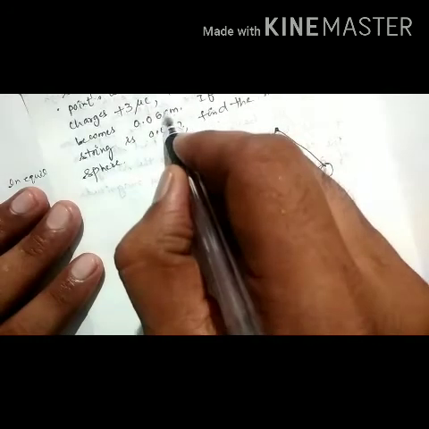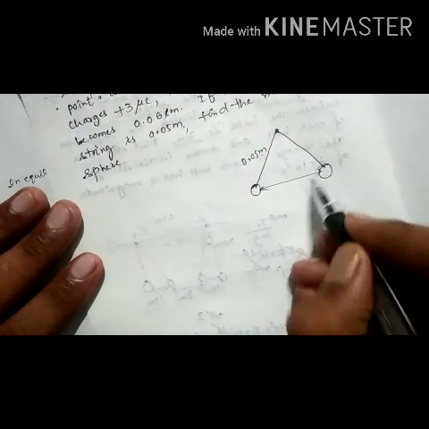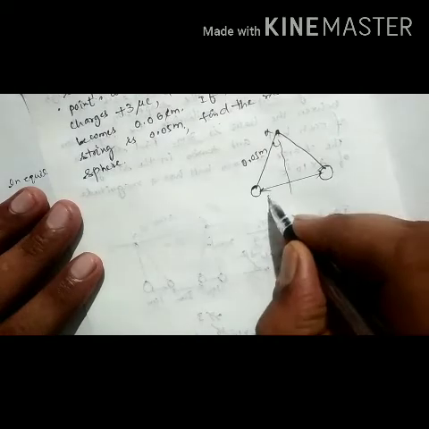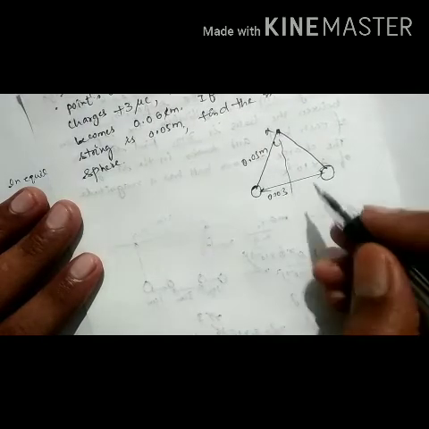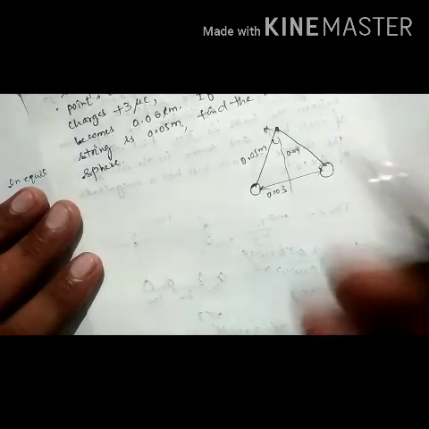If I consider the exact middle point, with this angle alpha, this will become 0.03, and this 0.04. Find the mass of each sphere.